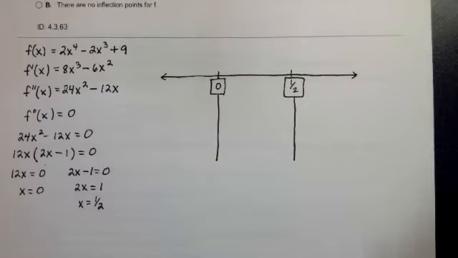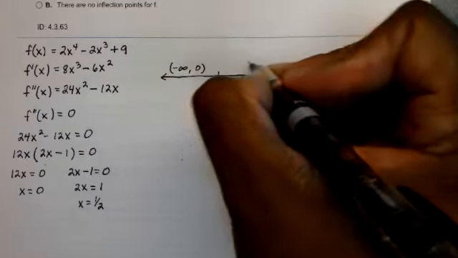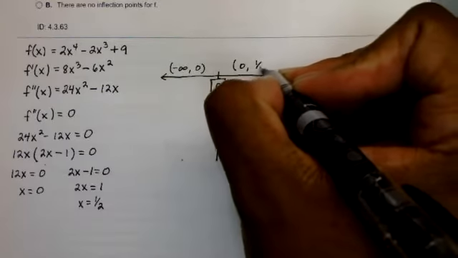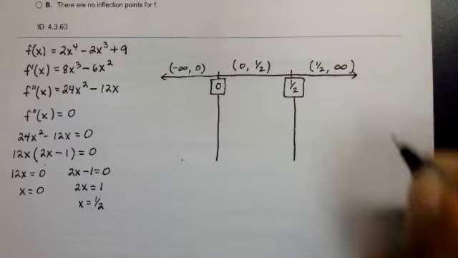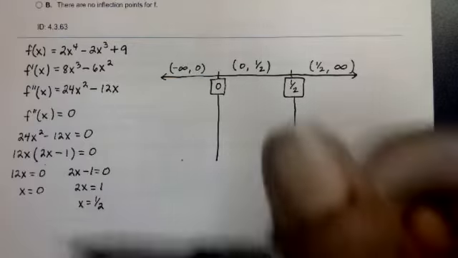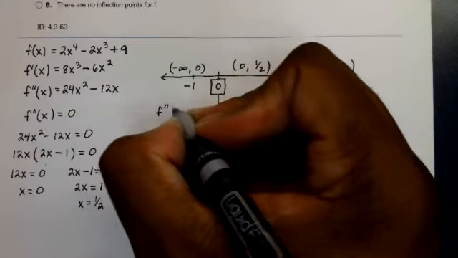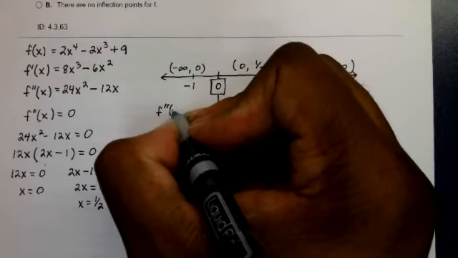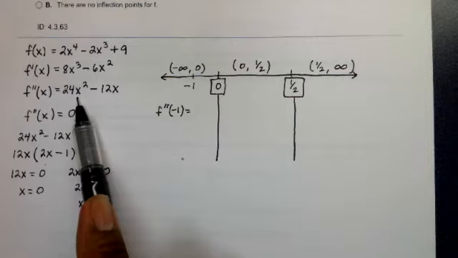Since we're dealing with the entire number line, there is no restricted interval that they give me. So this first interval will be from negative infinity up to 0. The second one will be from 0 to 1/2. And the third one will be from 1/2 on to infinity. So for negative infinity up to 0, let's use negative 1 as a test point, and then replace each x in f double prime of x with negative 1.